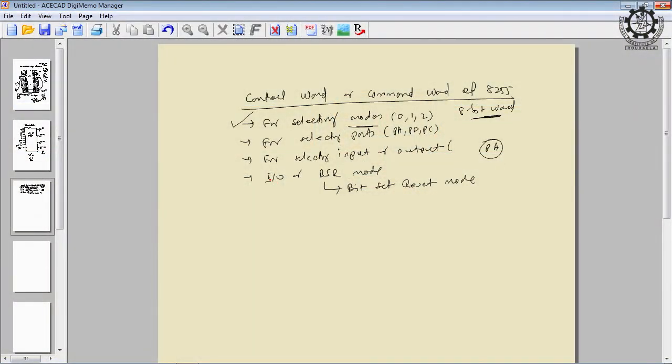Similarly, it also selects another important thing, that is whether you are using input output mode or bit set reset mode, right. Then it will also decide whether you are interfacing this 8255 using memory mapped IO or IO mapped IO.